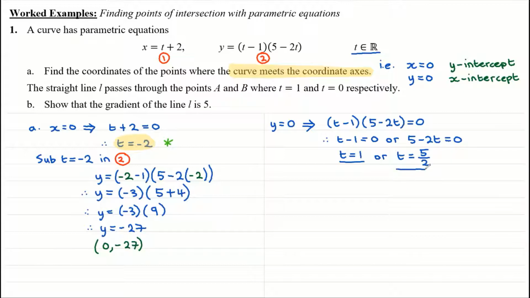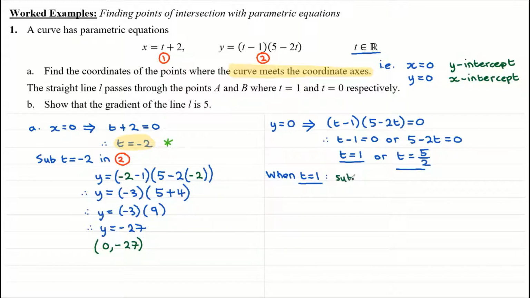So there are 2 possible x-intercepts in this situation, when t is 1 or when t is equal to 5 over 2. So when t is 1, let's find out what that is. So when t is equal to 1, what happens? Well, we just sub into the x equation. So just make a note of that.